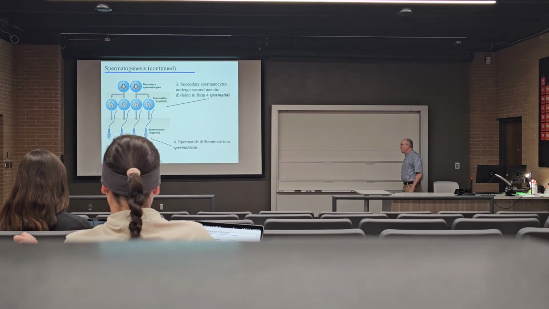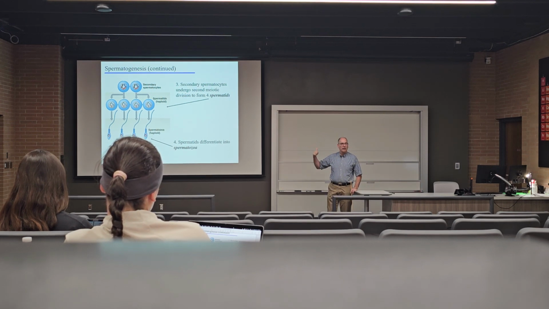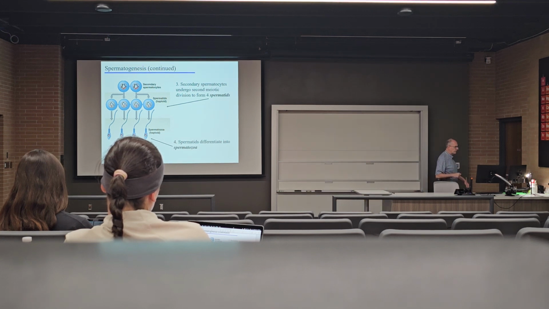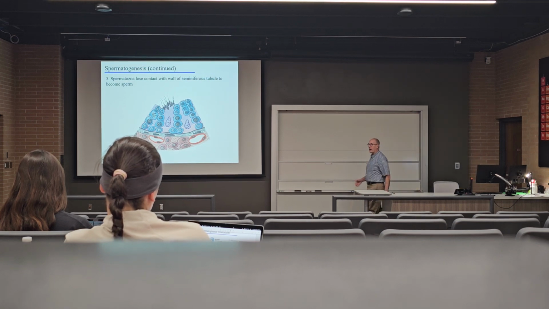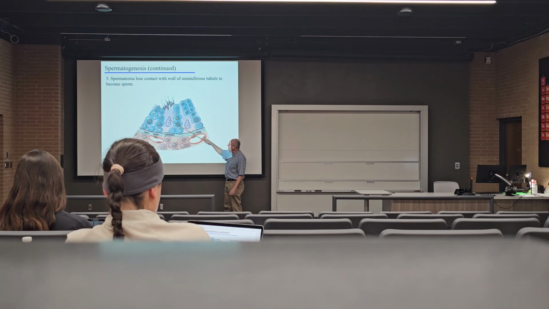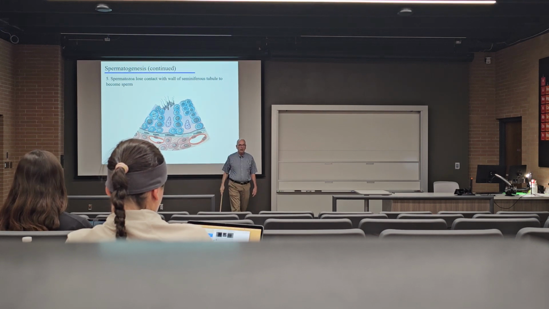Because again, when we get down into the individual spermatozoa down here, we have to get rid of pretty much everything except for the nucleus and retain the flagellum. Again, we're going to get something very small here. And as we do so, all that extra material gets absorbed by these Sertoli cells. So the Sertoli cells will appear as the sperm are developing, and they're going to absorb that excess cytoplasm.